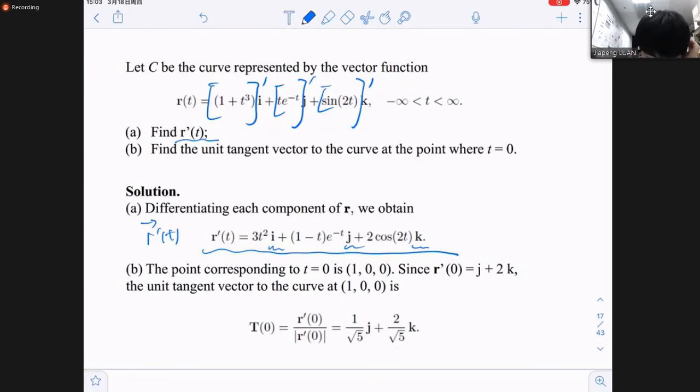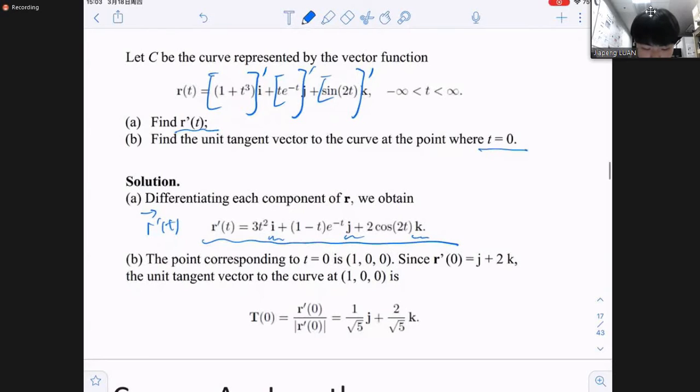The next, find the unit tangent vector to the curve at the point where t is 0. So you can calculate this.